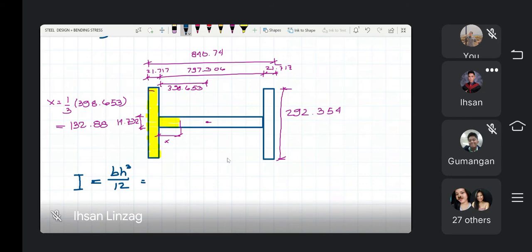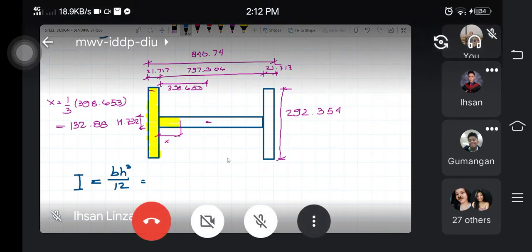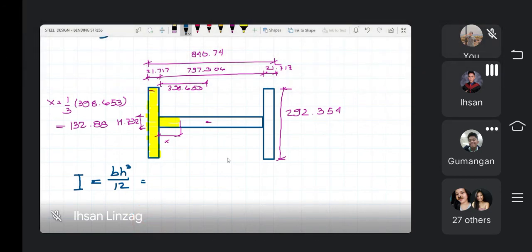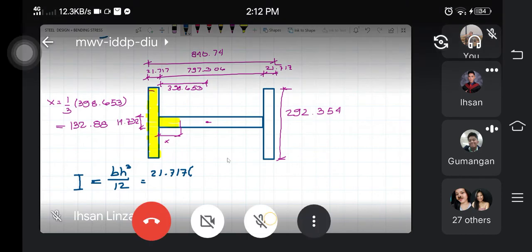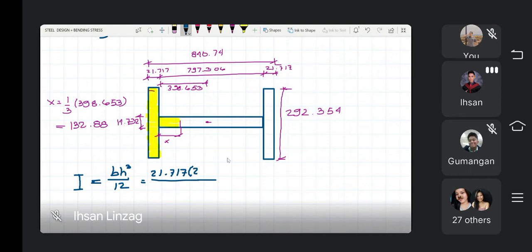Meaning to say, tumutok muna tayo sa flange. What is the base sa flange, kapag ganito yung figure? 21.717. What is the height? 292.354.